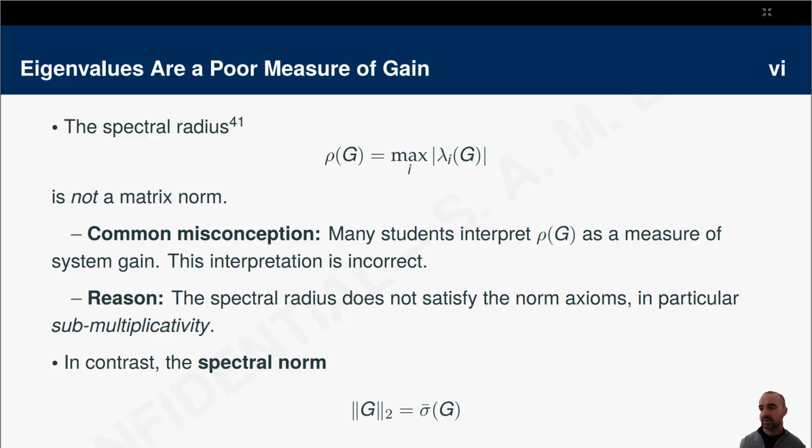This interpretation is incorrect. The reason for that is that the spectral radius does not satisfy the norm axioms, in particular multiplicativity. Sorry, it's hard for me to pronounce that. In contrast, the spectral norm is the 2-norm of G, equal to sigma bar G.